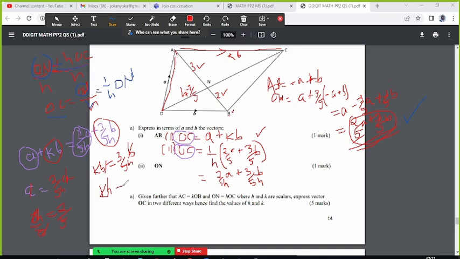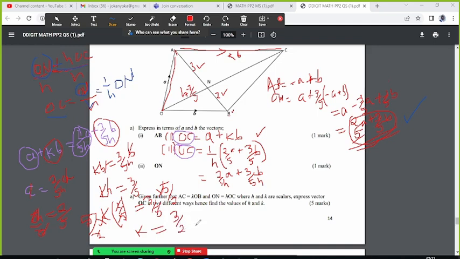KH equals 3 over 5, but we know the value of H. K into 2 over 5 equals 3 over 5, multiplied by 5 over 2 on both sides. 2 goes, 5 and 5 will cancel, so K is equal to 3 over 2.